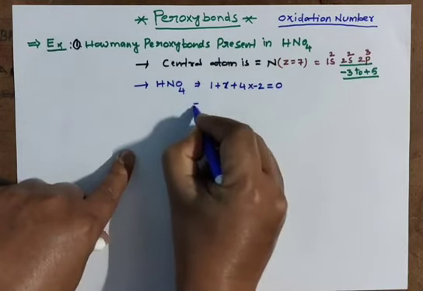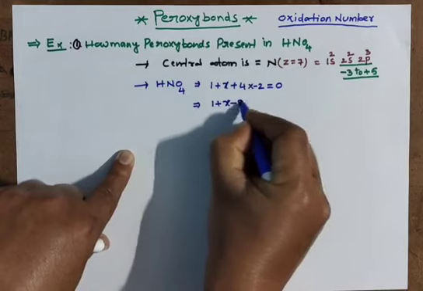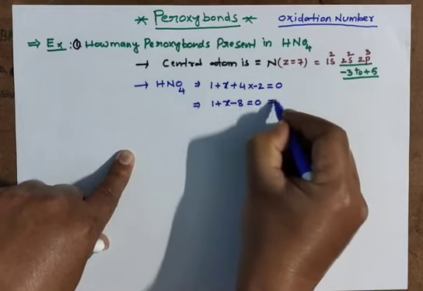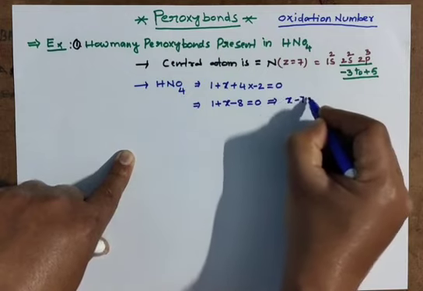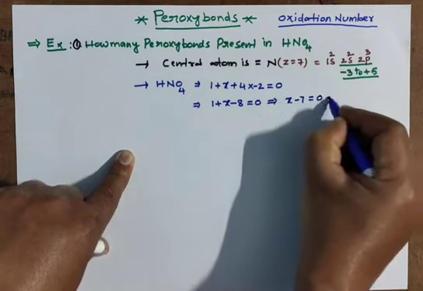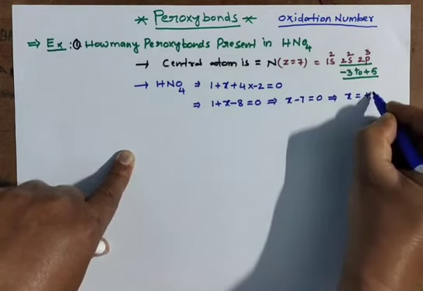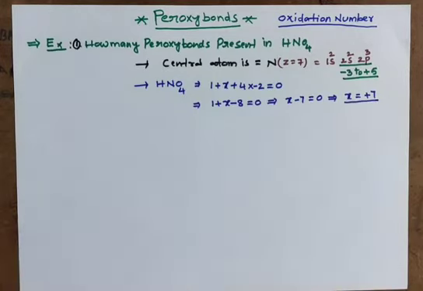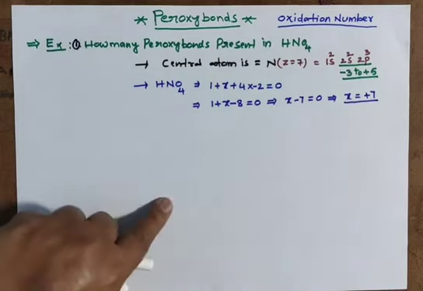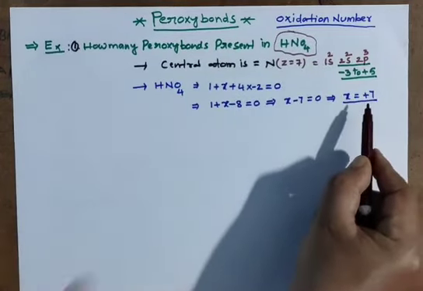That implies 1 plus X minus 8 equals 0, so X minus 7 equals 0, that implies X equals +7. Am I right? So how much did it get? +7. In HNO4, the oxidation number of central atom nitrogen is +7.